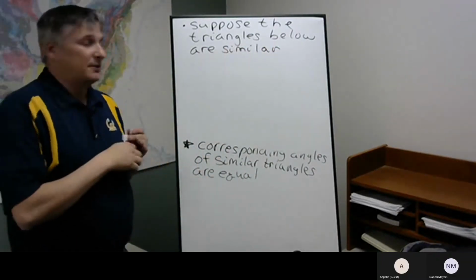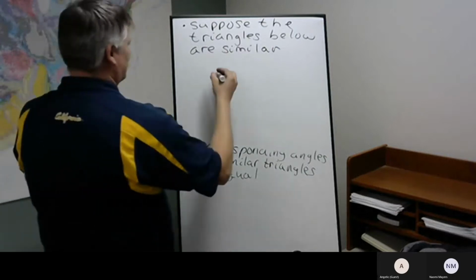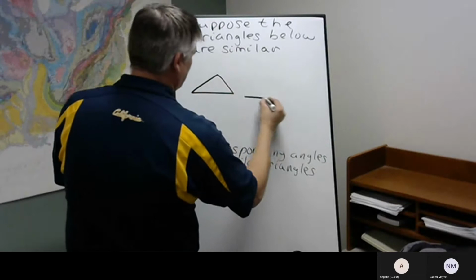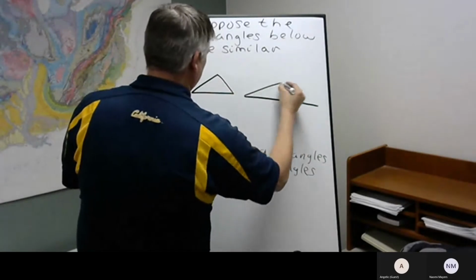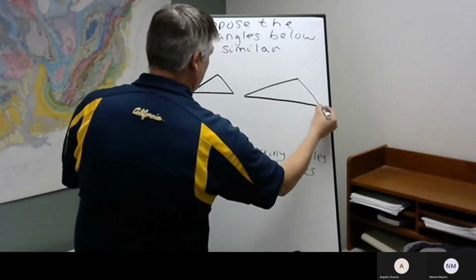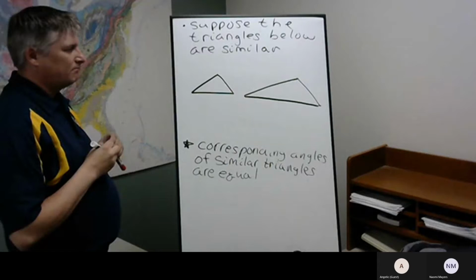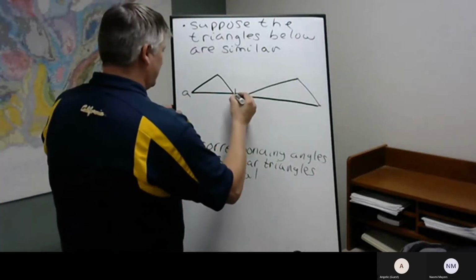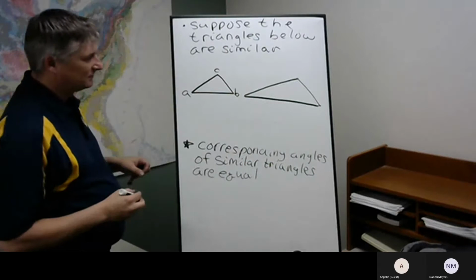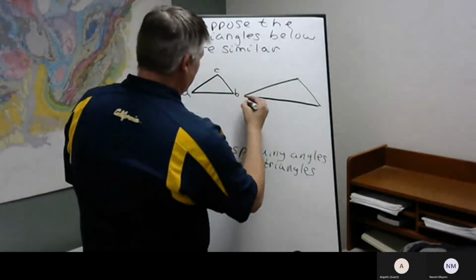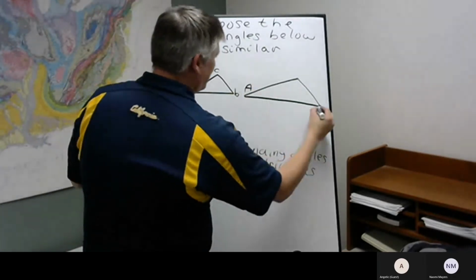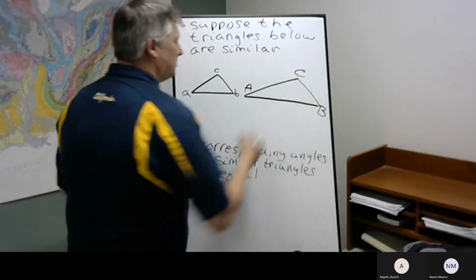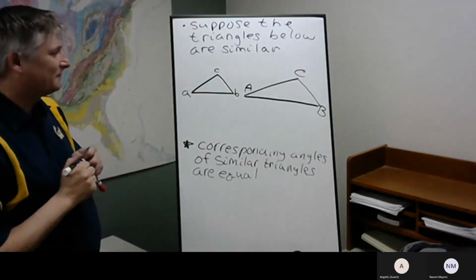Suppose these triangles are similar. Let's say they have angles A, B, C, and this one is going to have angles A, B, and I'll put a little curly Q on that capital C there.